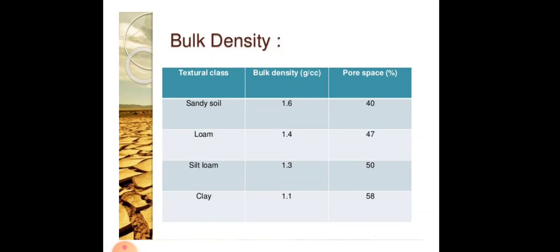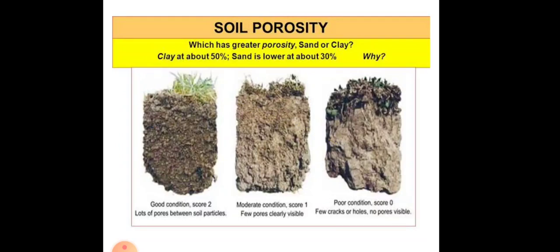If the soil is sandy, then bulk density is 1.6 gram per cubic centimeter. If the soil is loam, then bulk density is about 1.4 gram per cubic centimeter. If the soil is clay, then bulk density is lower, about 1.1 gram per cubic centimeter. So this chart indicates that bulk density depends upon the texture of the soil.